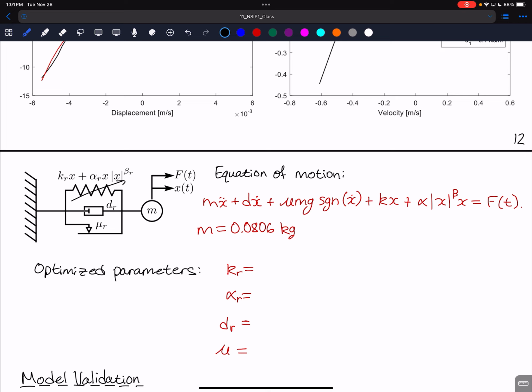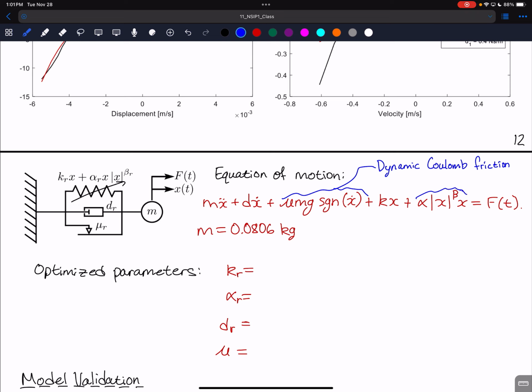One thing, if you haven't seen it before, is that this term right here, this is dynamic Coulomb friction. And this term right here is equal to alpha times the signum of x times the absolute value of x to the beta plus 1.